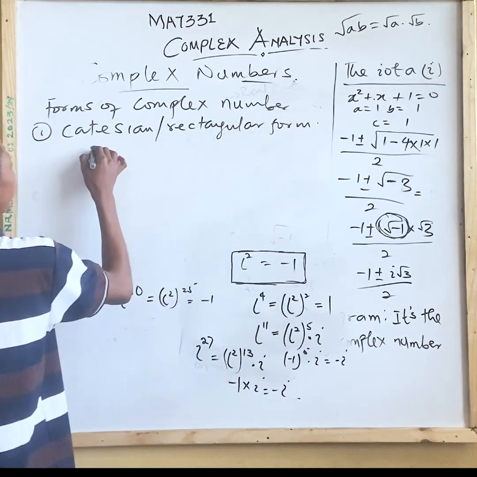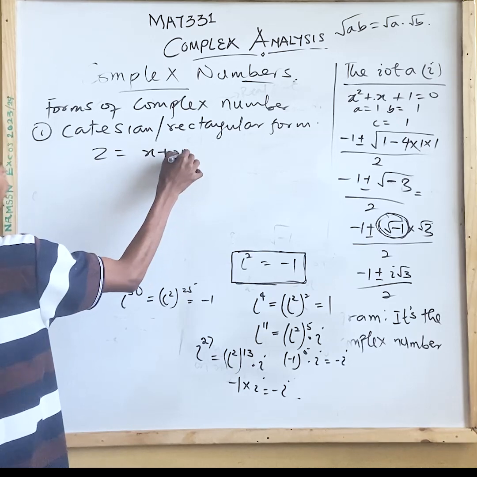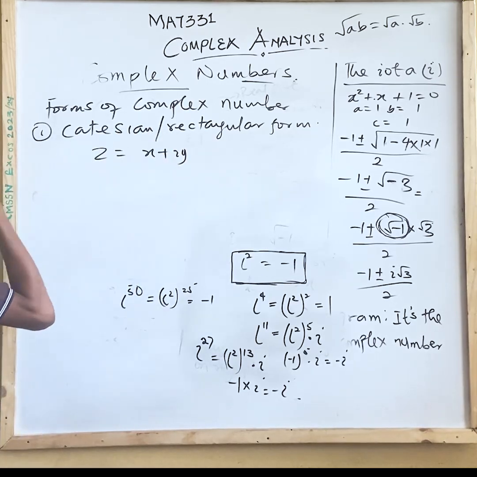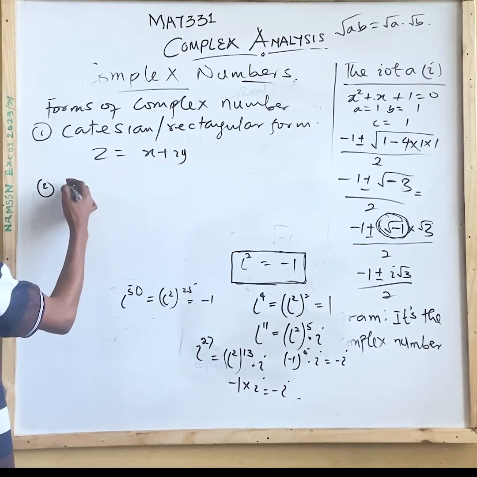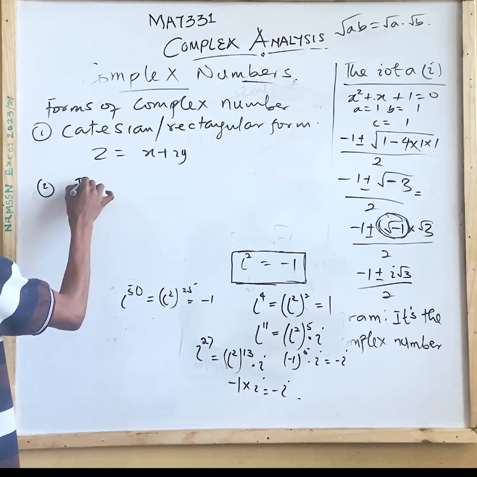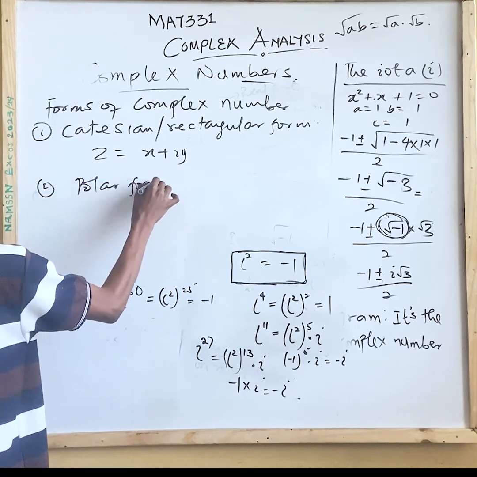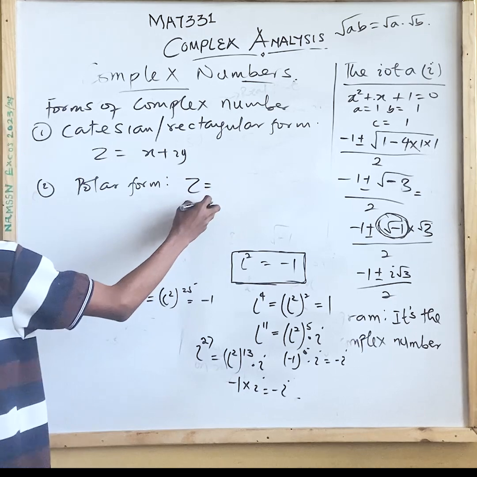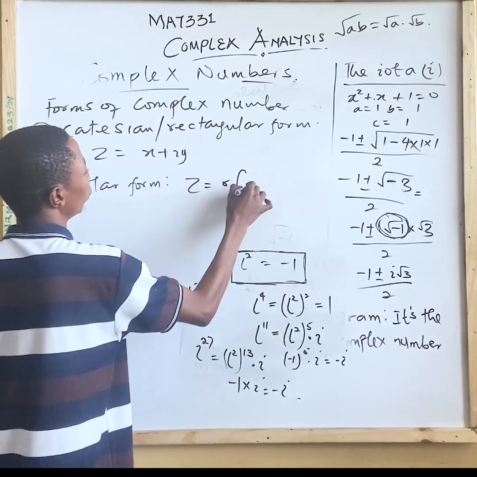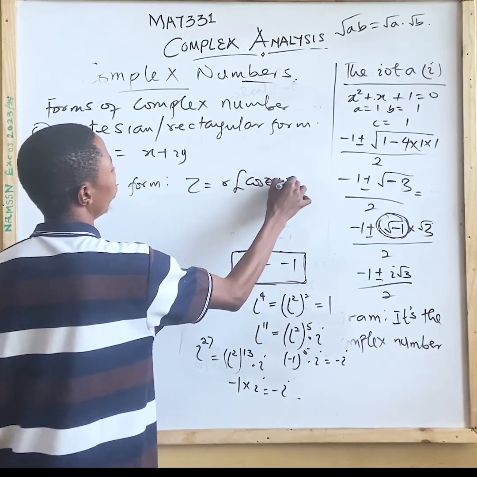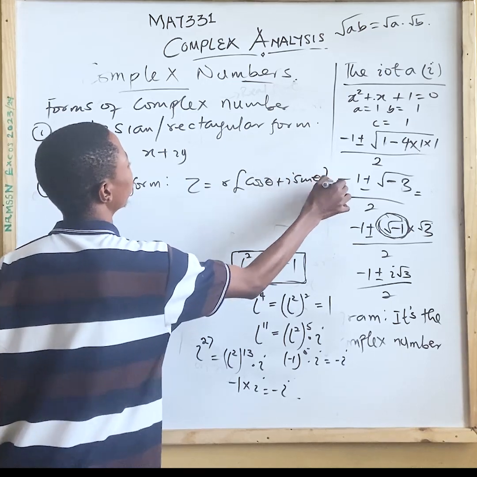That's like z equals x plus iy, real and imaginary parts. Number two is the polar form. The polar form is z equals r into bracket cos theta plus I sin theta.